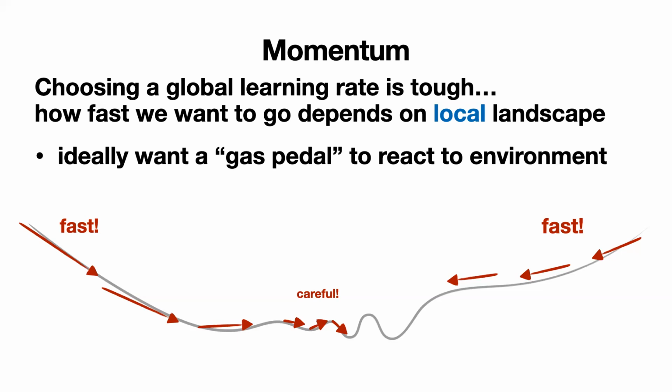Maybe you also want to jump, but at least you want to know that you're in an area with a lot of structure. If there's no structure, you just go. So as you're rolling down the hill, you want something like a gas pedal to react to what your environment is and adjust your training.